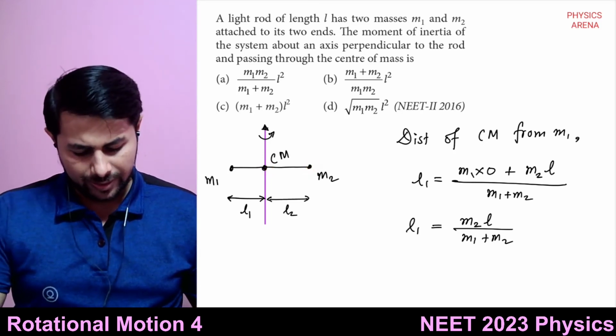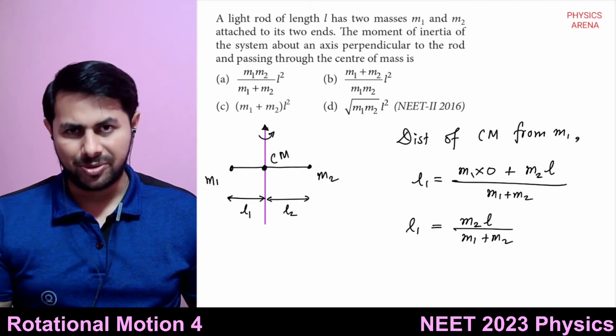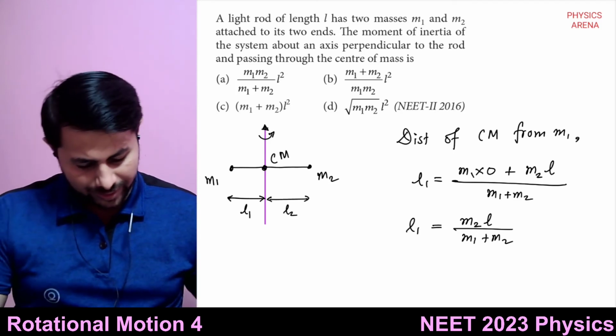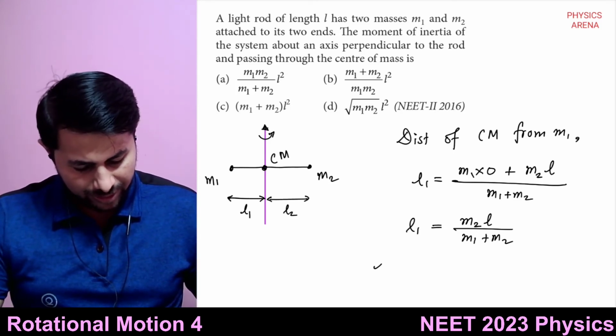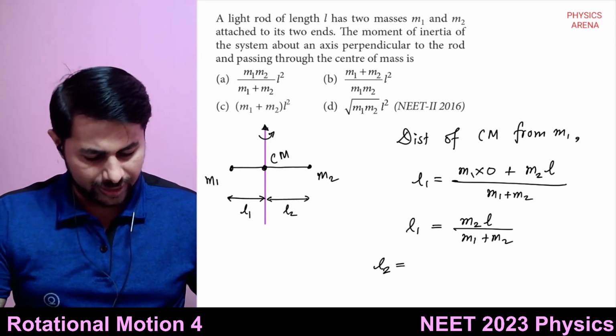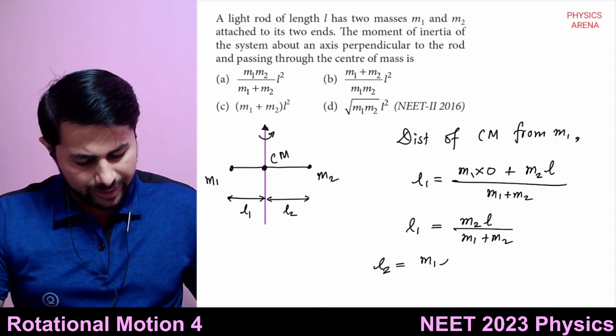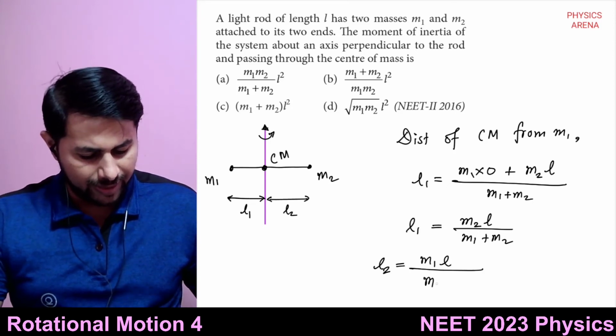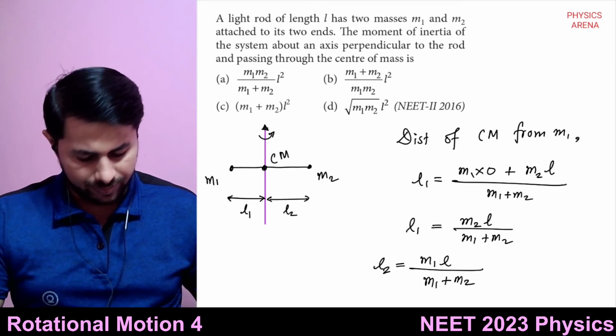Similarly, you can measure the distance of the center of mass from m2. Just replace m1 and m2. The distance of the center of mass from m2, which is L2, will be m1 times L divided by m1 plus m2.